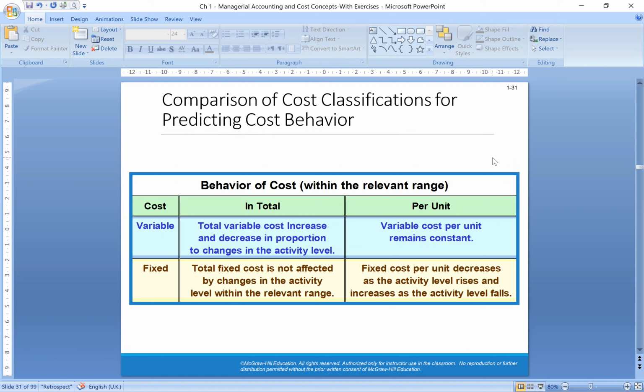The total fixed cost is not affected by changes in activity level within a relevant range. Example, the rent: we are paying that rent regardless of how many tables we are producing. But the fixed cost per one unit decreases as the activity level rises and increases as the activity level falls. So when we produce more, the portion related to one table will be less.